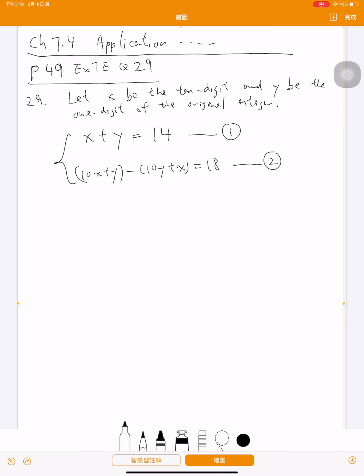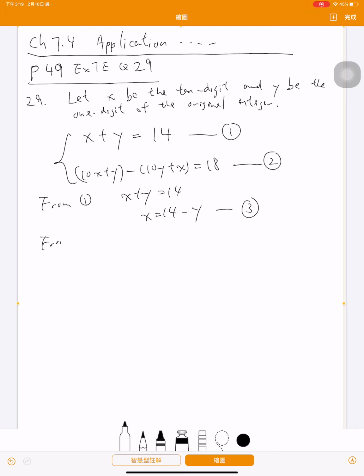Then I will use, for example, substitution, because I can see this one has only 1y and 1x. So from equation 1, x plus y is equal to 14, so x is 14 minus y, right? This one is equation 3. Equation 2 can in fact be simplified.